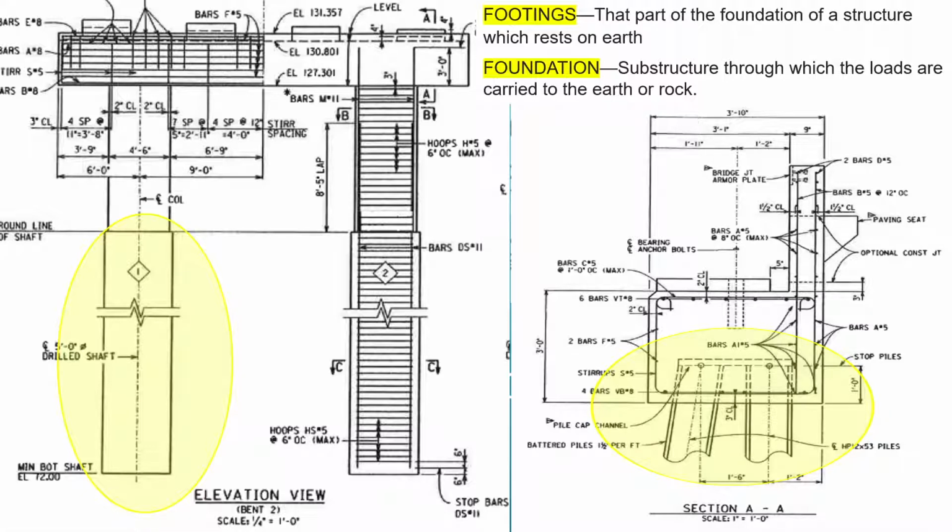Footings are usually like a spread footing. It's just a concrete slab which distributes the load out straight to the earth. Here in this case we have piles and a drill shaft which carry the load straight down to bedrock or to resistance per the design. This whole structure here is called the foundation.